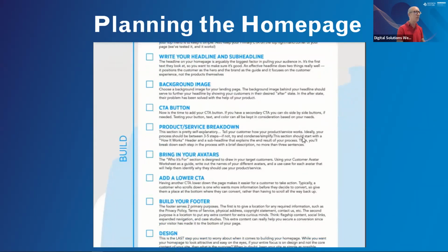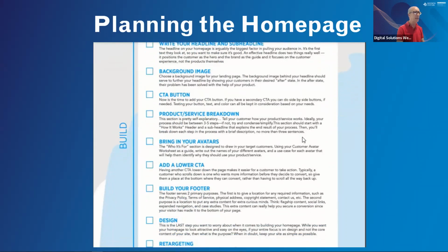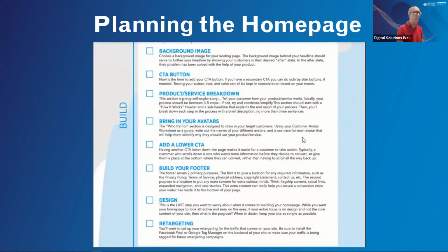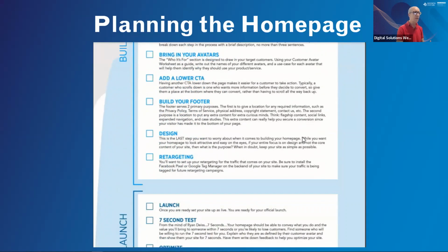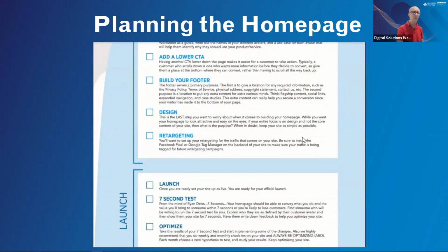So this is about designing the menu, the headlines, the background image, the call to action, and then product and service breakdown, who is it for sections, call to actions, the footer, design comes in sort of at the end there. And then we also, even though I don't talk about it very much, retargeting is something you should probably have set up. And then there's the launch, and we'll talk briefly about that.